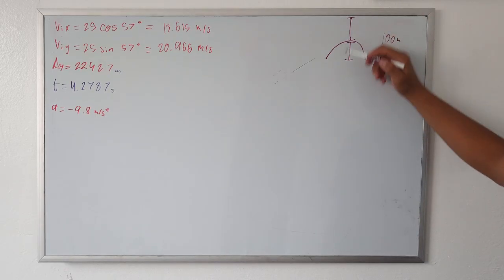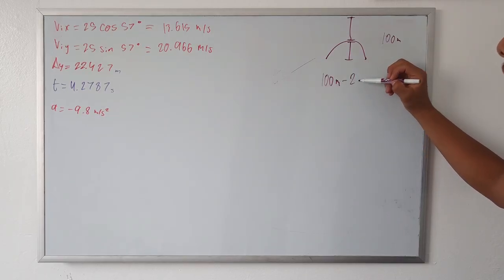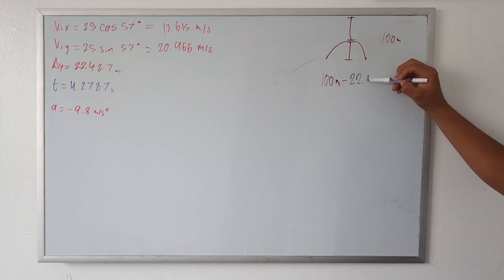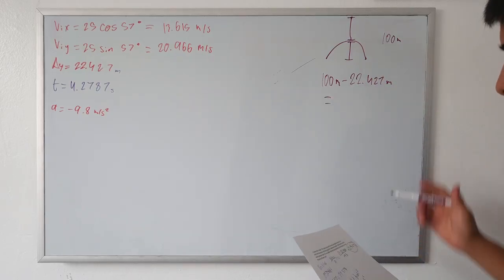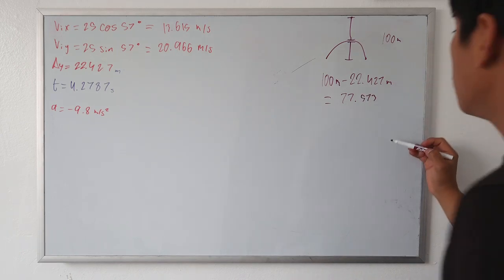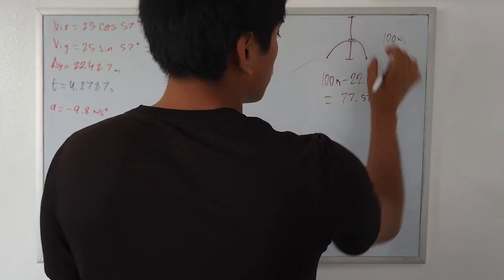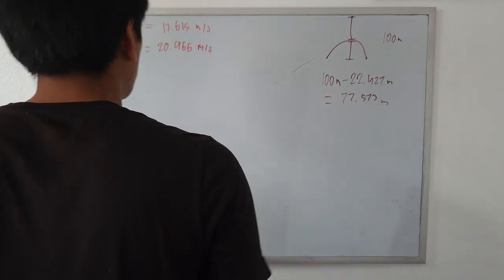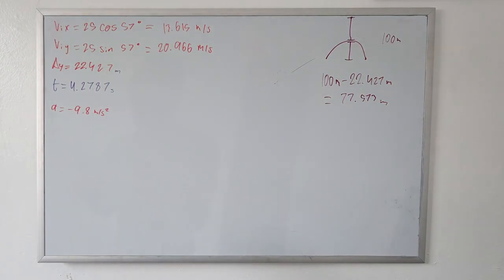So to get this height, we're going to do 100 meters minus 22.427 meters, and then doing that you'll get 77.573. So this portion right here is 77.573. So that's going to be the displacement for the green object.